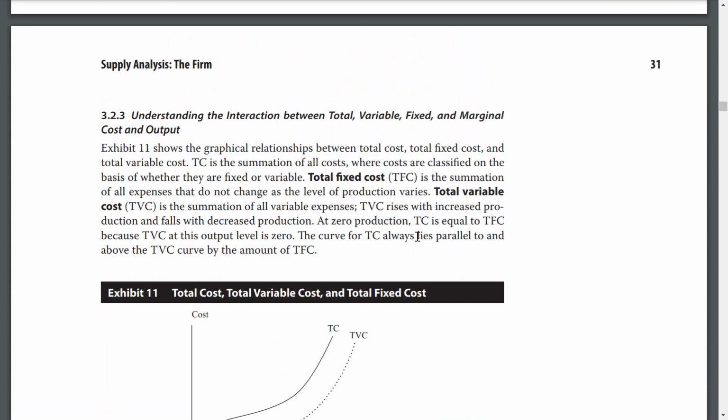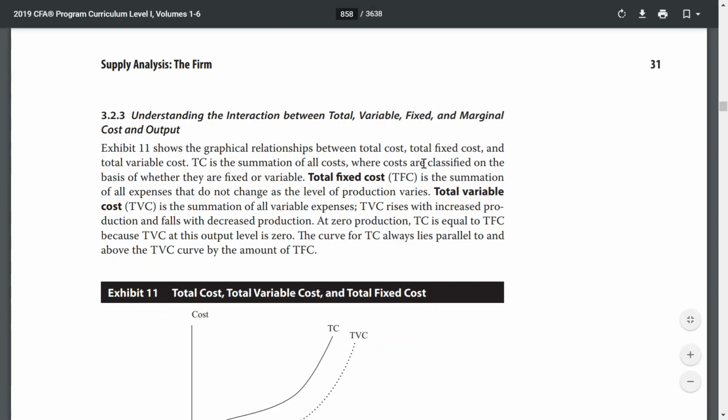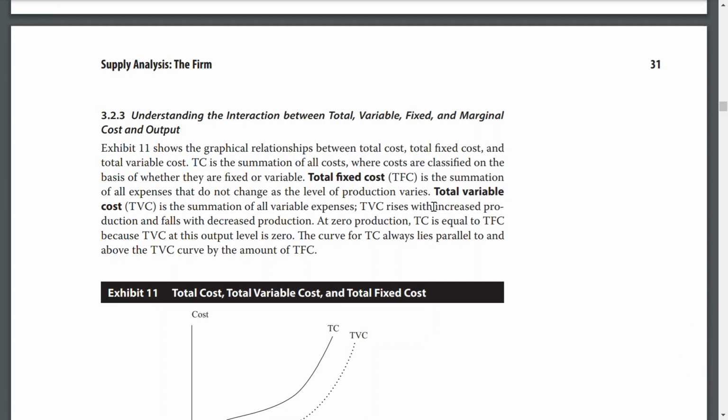Understanding the interactions between total, variable, fixed and marginal costs of output. Exhibit 11 shows graphically the relationship between total cost, total fixed cost, and total variable cost. Total cost is a summation of all costs, where costs are classified on the basis of whether they are fixed or variable.